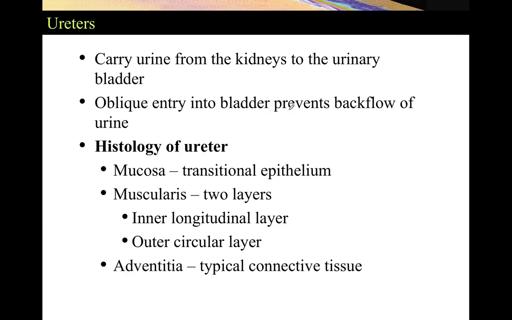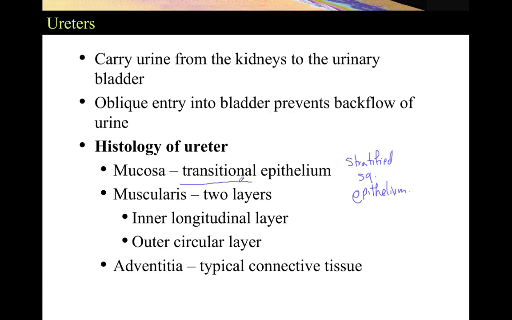To remind you again, transitional epithelium is a specific type of stratified squamous epithelium. So basically, these are the ones that transition. Normally they're kind of thick, more cube shaped when the ureter is empty.